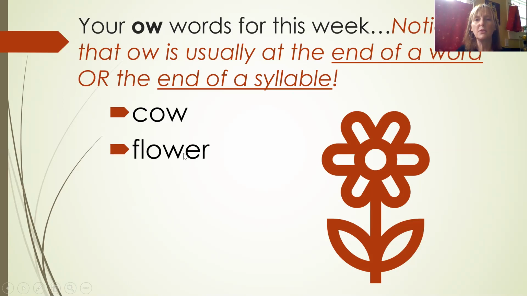We divide it right there between the W and the E. And so the OW is at the end of the syllable. It has no consonant following it. Owl, that is an exception to the rule. Powder, again, we're going to find that OW, the divide is right here. And we see that it's OW because that's the end of the syllable, powder.